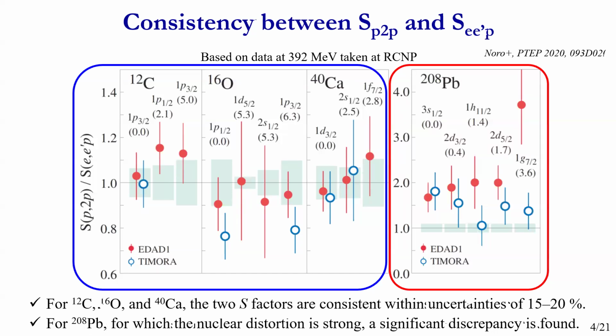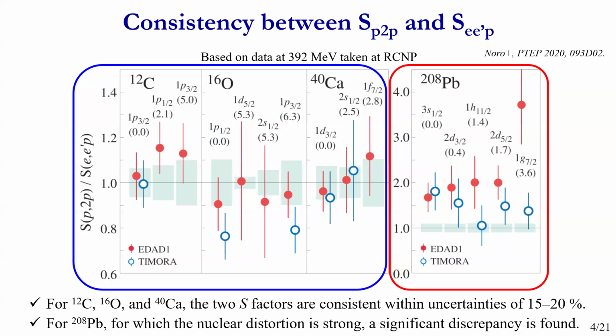That is believed to be the cleanest probe for the single particle structure. And here they show the ratio of the two spectroscopic factors. If it is unity, they are consistent. And you can see that although there are some deviations, for carbon-12, oxygen-16, and calcium-40, for the levels near the Fermi surface, the two spectroscopic factors are consistent within an uncertainty of 15 to 20%. This is nice, I would say.